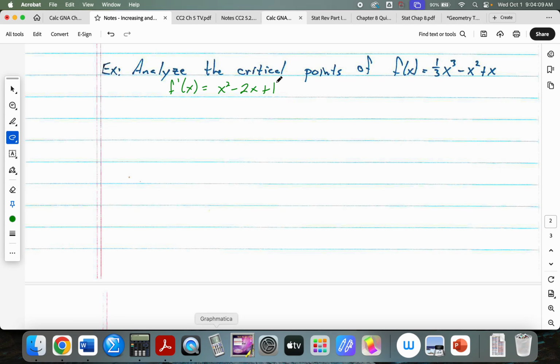No. So I'll find where this is equal to 0. And that's going to be what? X minus 1 times x minus 1? So there's only one critical point here. X is equal to 1.